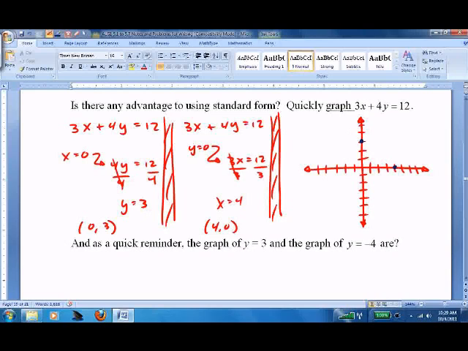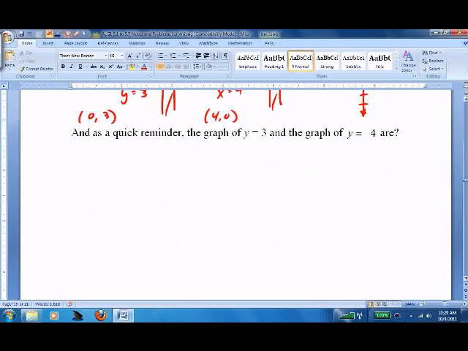Connect the dots. There it is. So that's probably the only major advantage. Personally, I don't ever use it. I do use point slope, and I do use slope-intercept a lot.